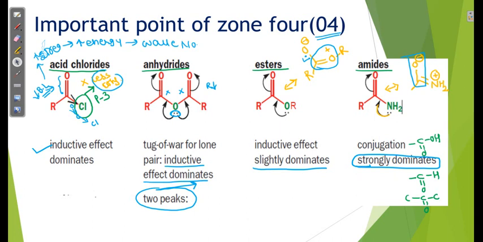So after discussing the technical point, we move to the exact value that we should take. I suggest you take the carbon oxygen carbonyl value as 1715 centimeter inverse. This is the base value.